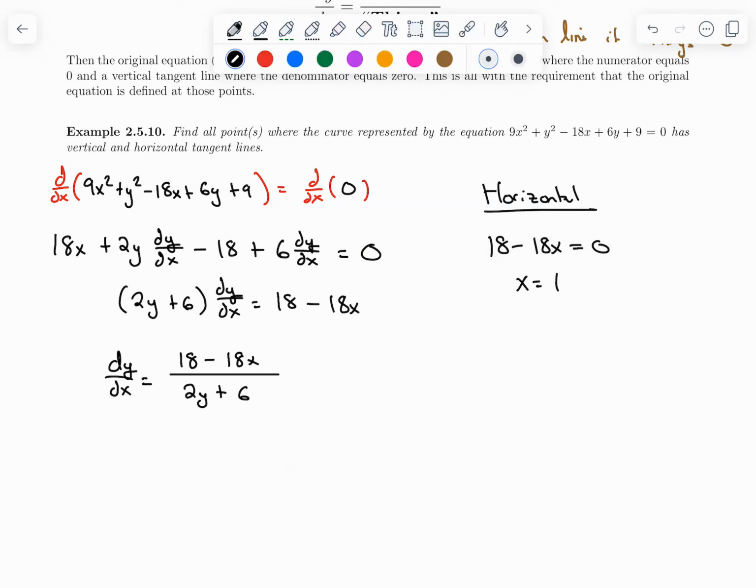So to find y, plug in to the original equation and solve for y. So plug it in. Oh, geez.